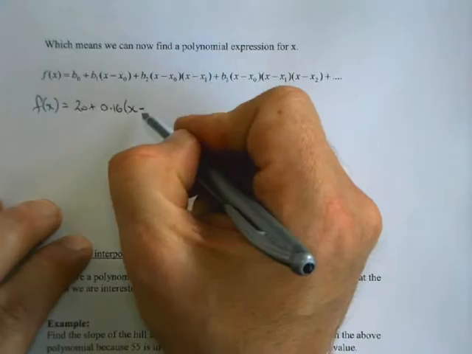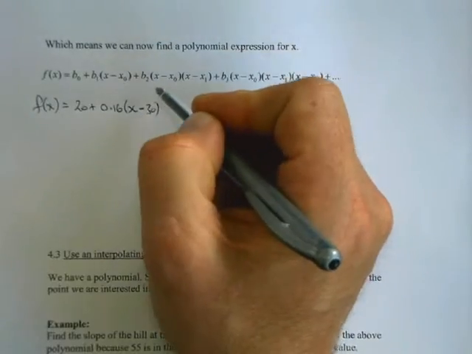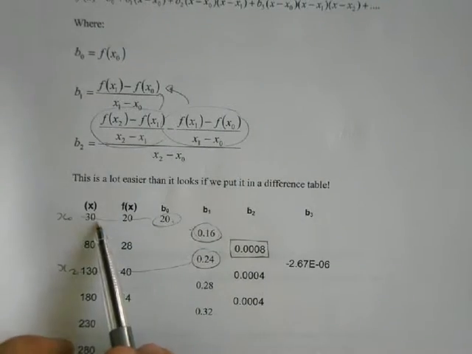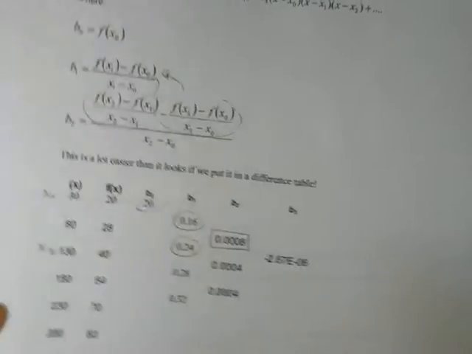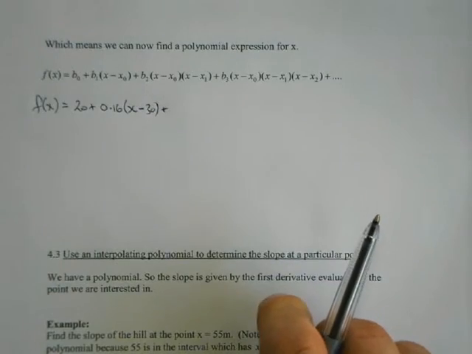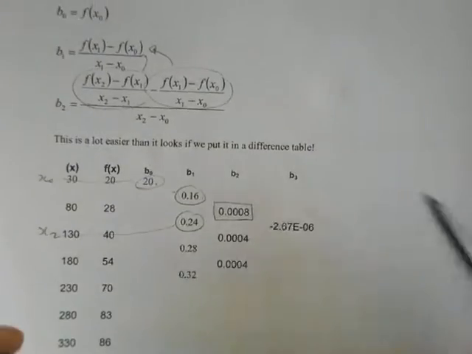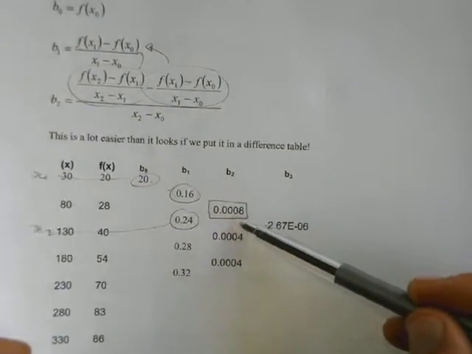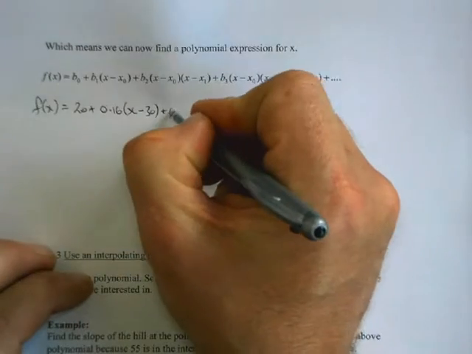Now x0 is the starting value, so that's this x0 here, the first x value that we've measured. And then the second term is b2, which is 0.008.